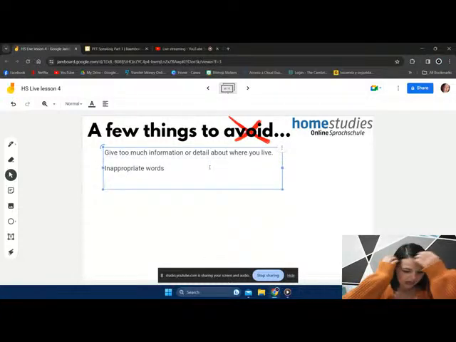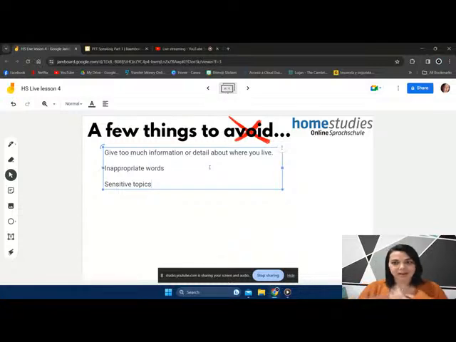Okay, something else I would avoid doing is generally talking about sensitive topics. Now, this has happened to me as an examiner when students will tell me quite sensitive information about maybe their family or their family situation, which is fine. I don't mind them telling me that. However, the problem is the examiner has a very strict script that they have to follow, a very strict guide.